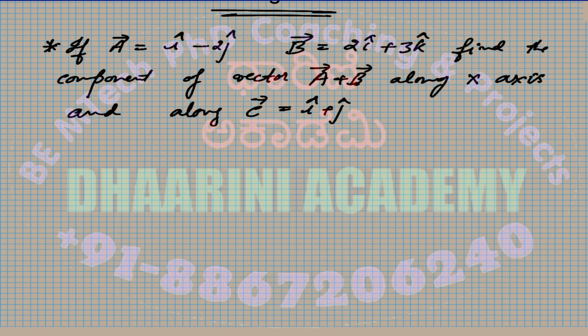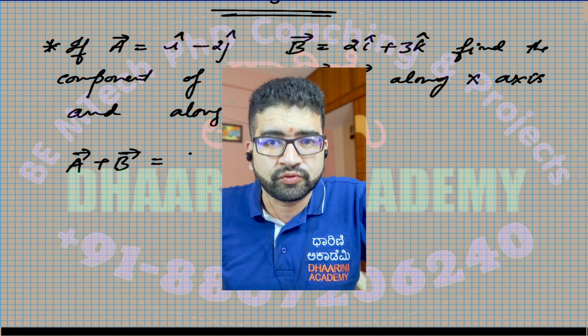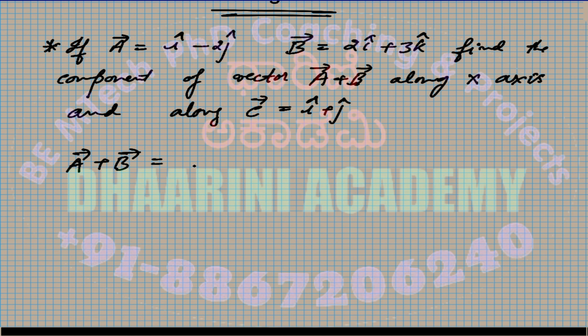Right, so let us first find vector A plus vector B. We simply add the two terms: I minus 2j plus 2I plus 3k.